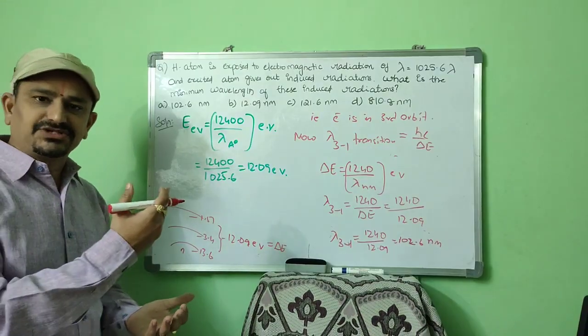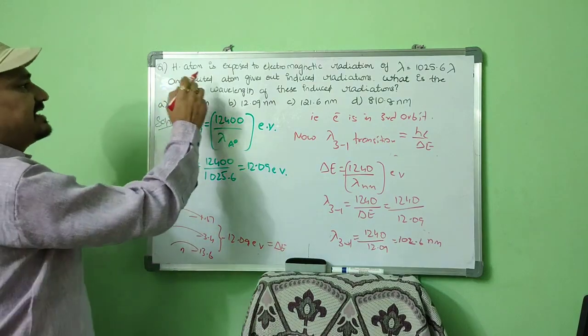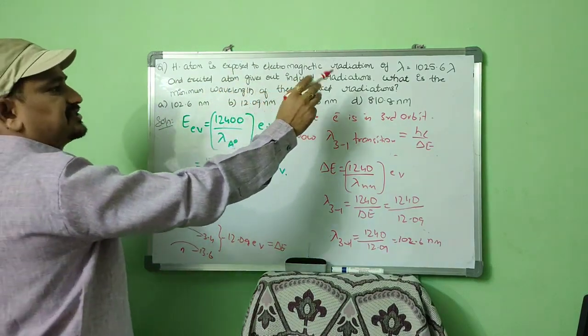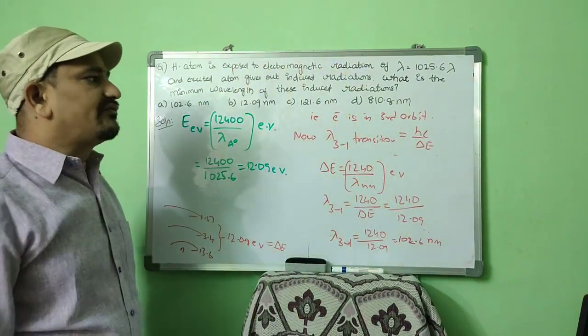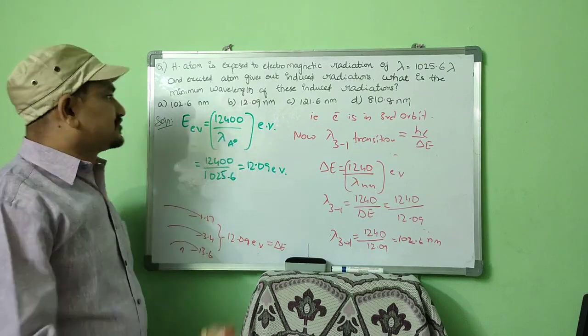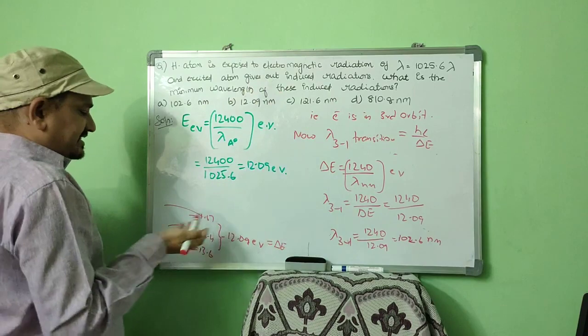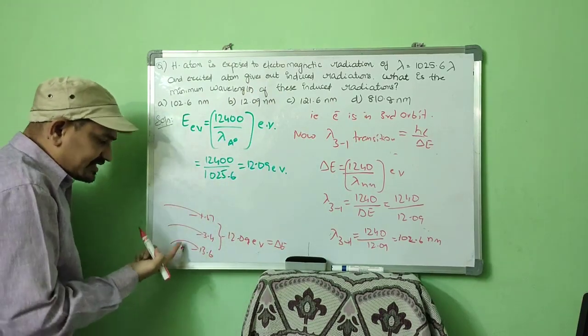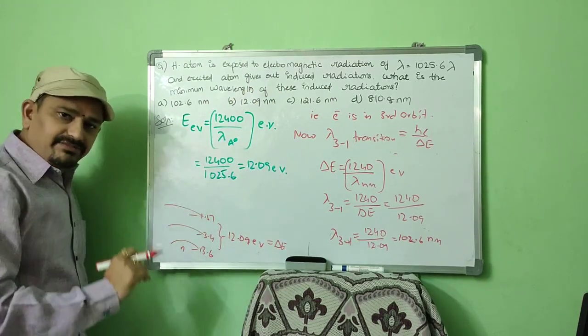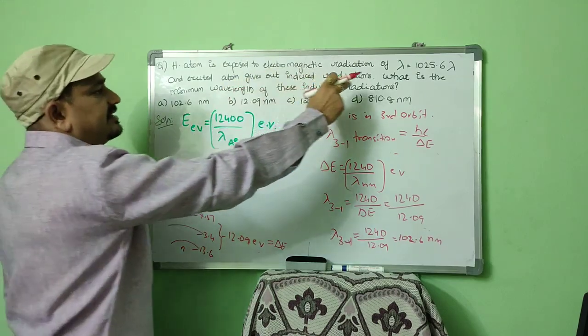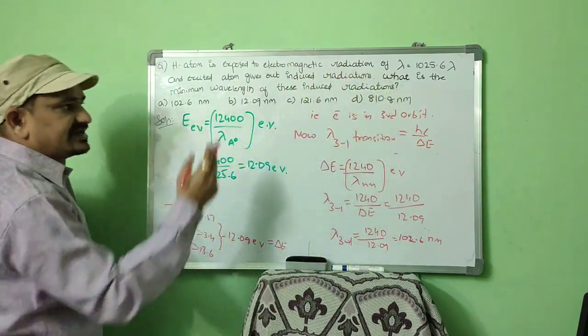This is the next question, right? A hydrogen atom is exposed to electromagnetic radiation of wavelength 1025.6 angstroms, right? And the excited atom gives out induced radiation, meaning the electron is excited and jumping back to the ground state, and those induced radiations are given.